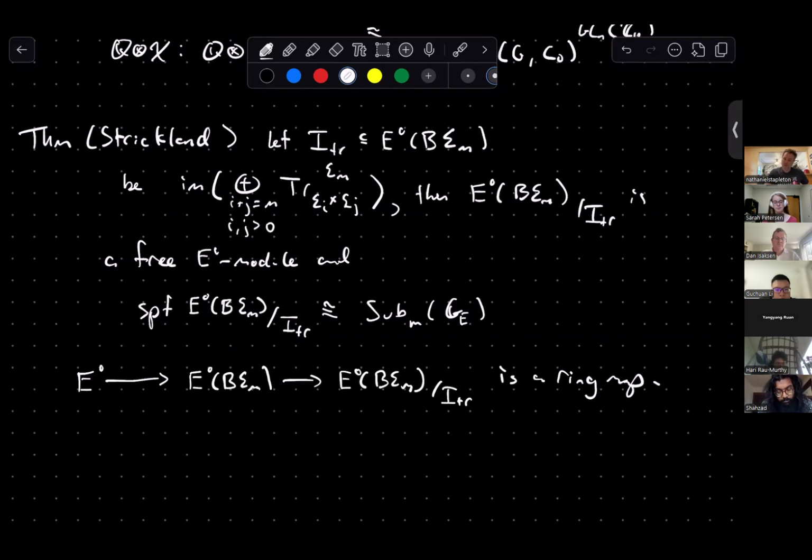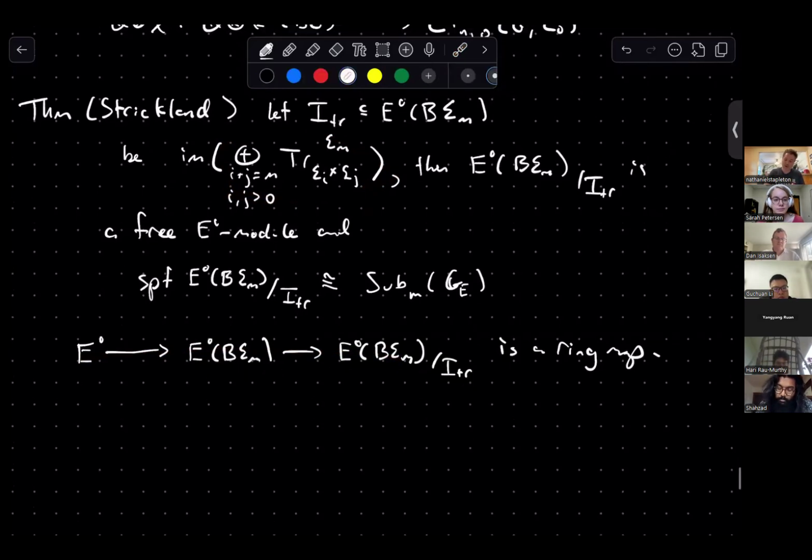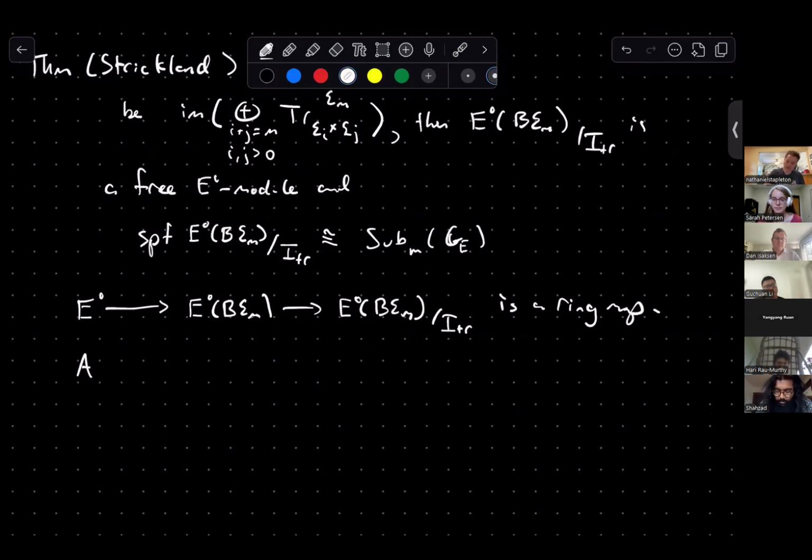And this is because these are exactly the transfers that we need to kill to get rid of those cross terms in the formula for the power operation on a sum of elements. So this composite right here is a ring map, and work of Ando, Hopkins, and Strickland gave an algebro-geometric interpretation of this ring map.